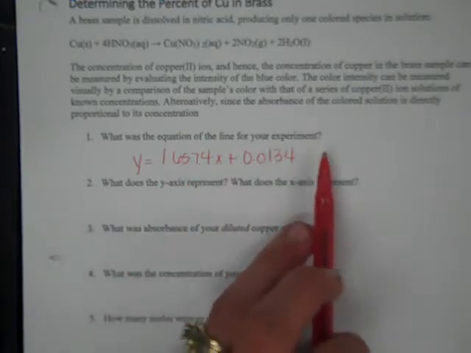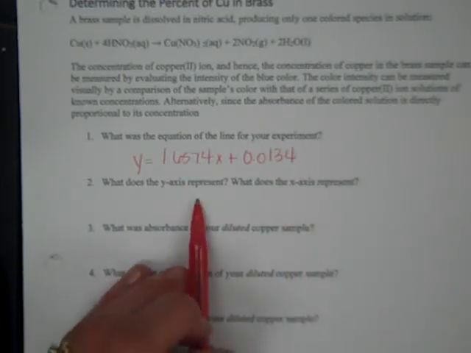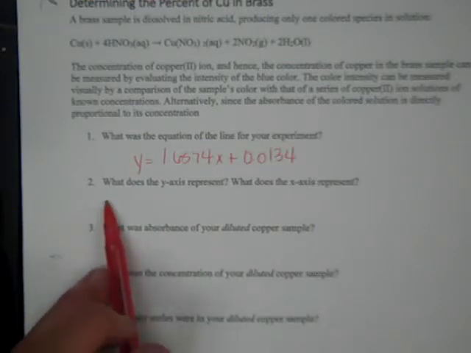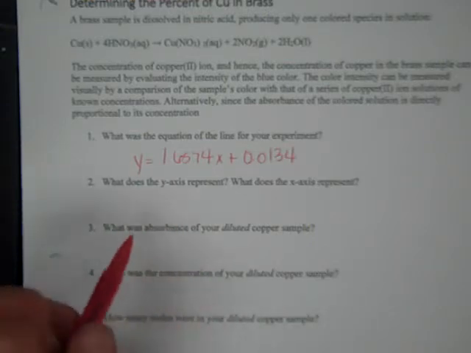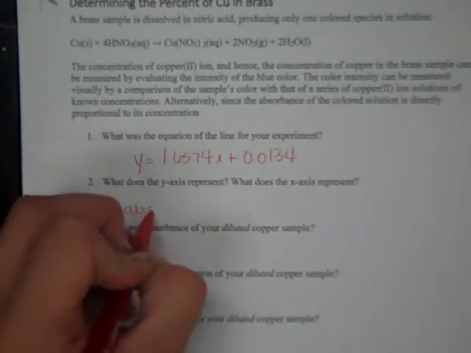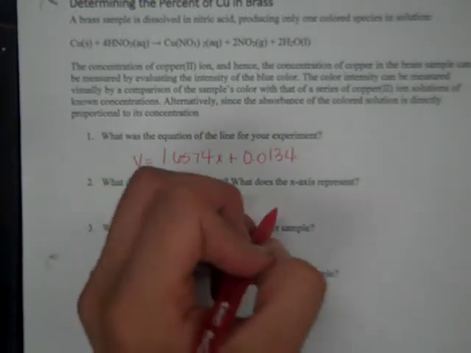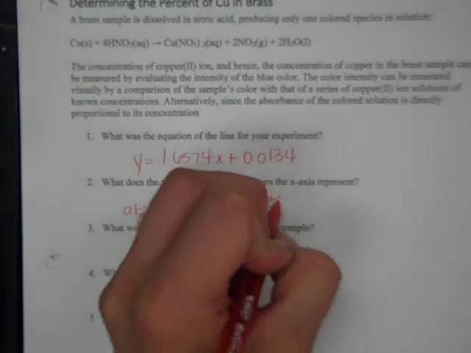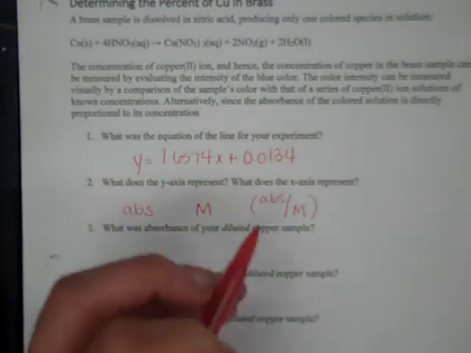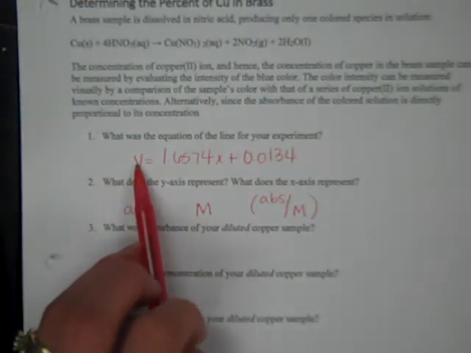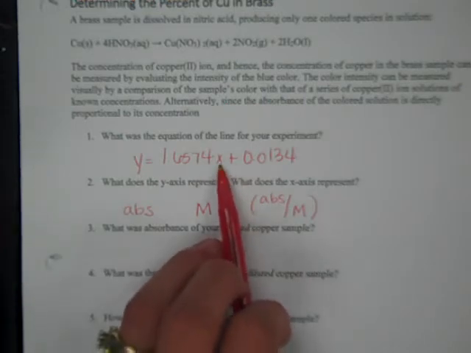So as your concentration goes up, how does your absorbance go up? Your y-axis represents absorbance, and your x-axis represents molarity. So your slope is absorbance over molarity. Your y in the equation is absorbance, and your x in the equation is molarity.